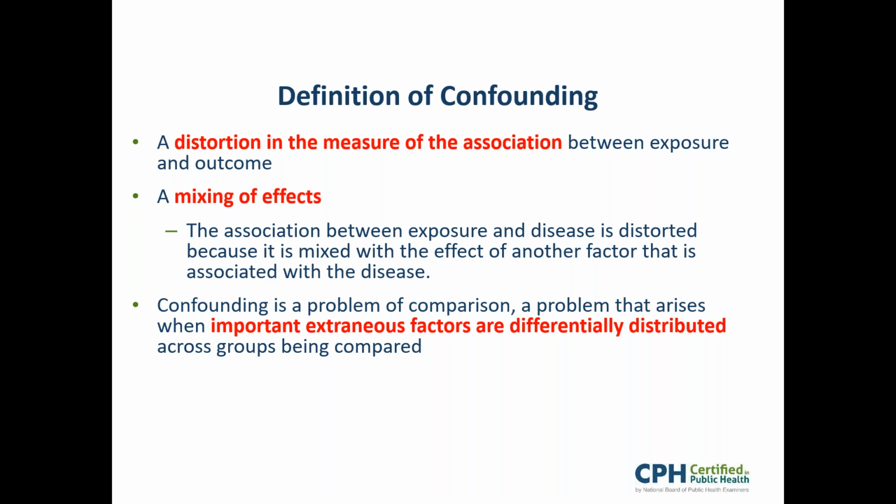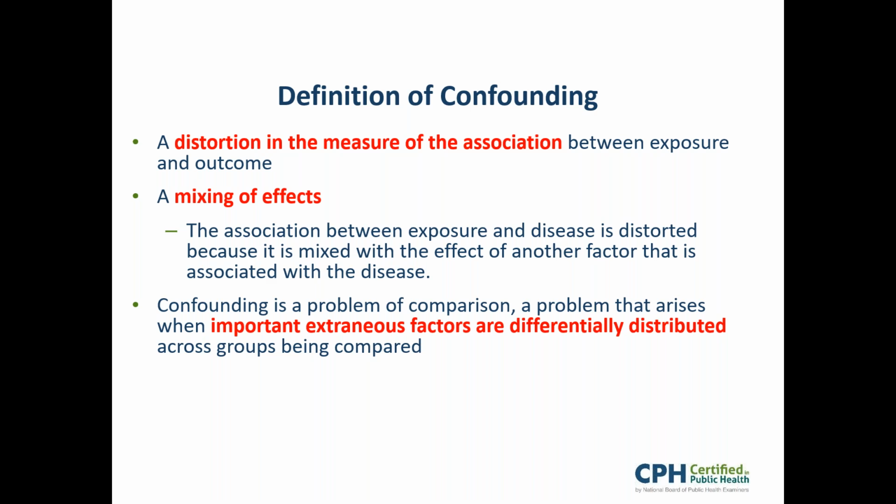Confounding is a problem of comparison and one that arises when important extraneous factors are differentially distributed across the groups being compared. So often we'll see confounding by sex. So the distribution of disease may be different among men and women and how the outcome is assessed, and sex is the confounding factor because the outcome differs by gender.